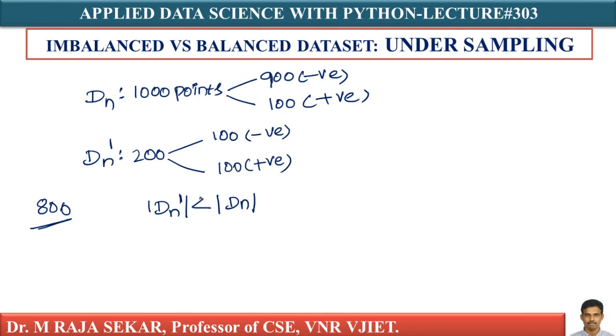My model has a smaller amount of data, because my model will work on DN dash. If I had used all these 800 points, that would have been great. But I am dumping all the 800 points.